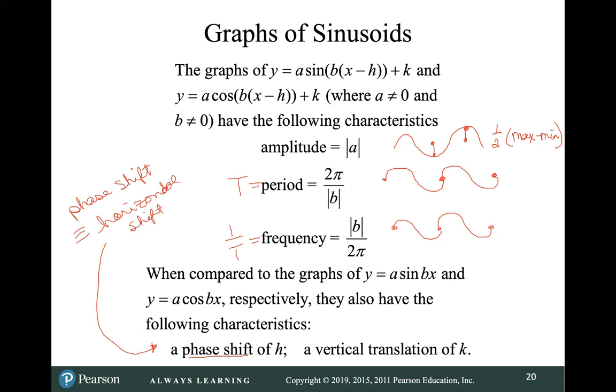And then we don't have a special way of naming the vertical shift. It's just vertical translation, vertical shift, still determined by k. So transformations, nothing has changed since we talked about these in chapter 1. Everything is still the same. However, now we have some additional vocabulary that we can use specifically for sinusoids.